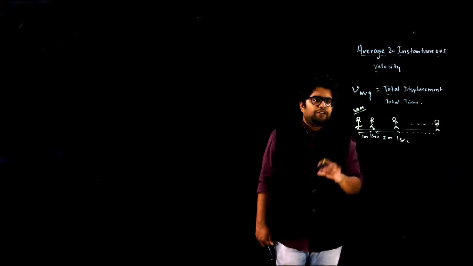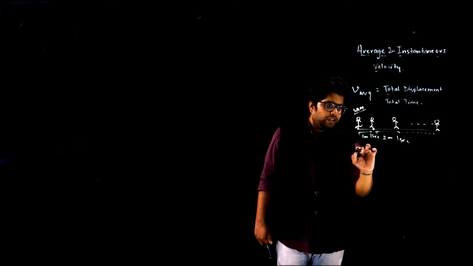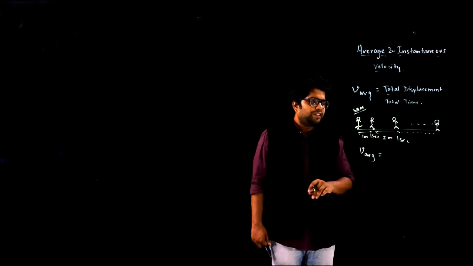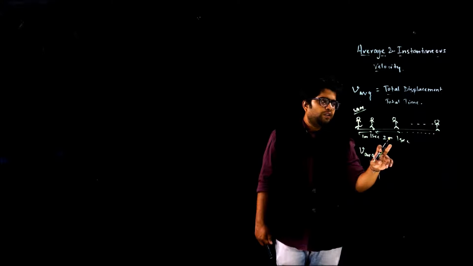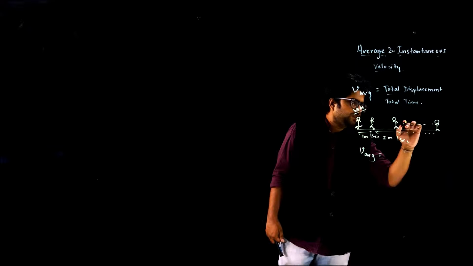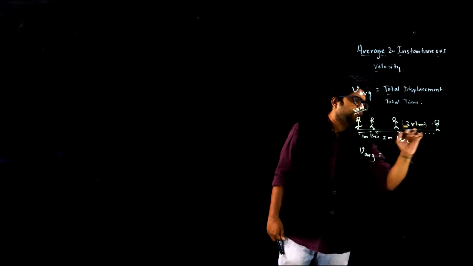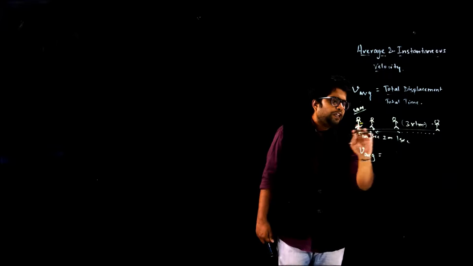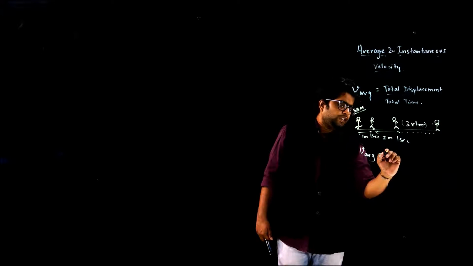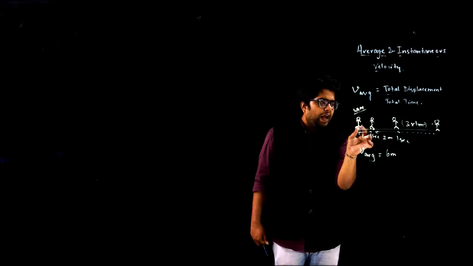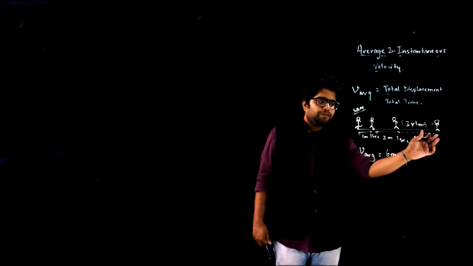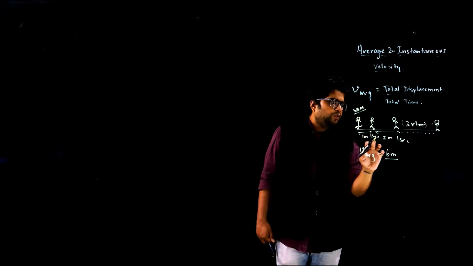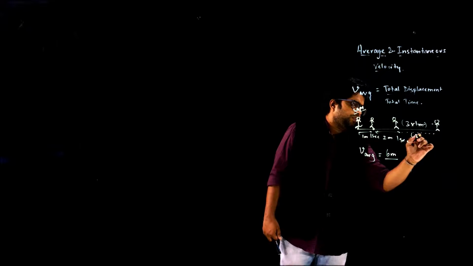Now if I ask you what the average velocity for Sam was, you will say average velocity will be equal to total displacement covered by Sam, and that will be 1 plus 2, and let's say these are 3 into 1 meters. So 1 plus 2 is 3 and plus 3 is 6. So total displacement from this point to that point is 6 meters. How did we get this 6 meters? We added all the individual displacements and got the net sum, divided by the total time taken, let's say 1 second and 3 seconds for this.